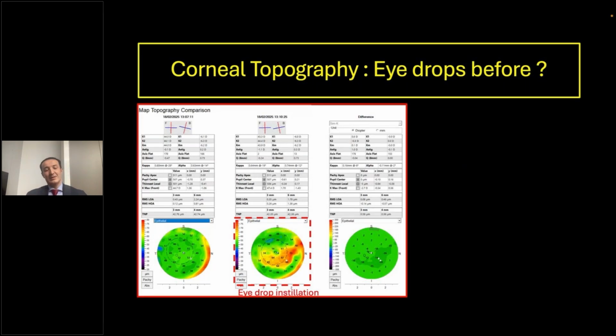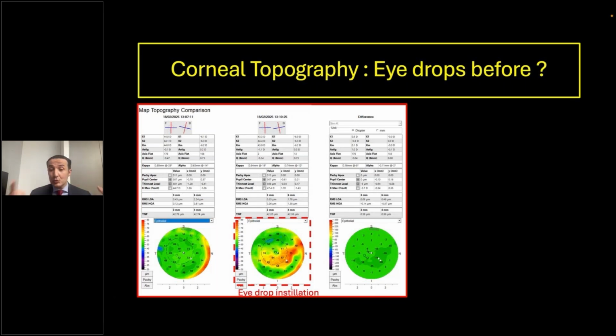And look, this is a patient. This is before and after the eye drop installation. We performed the two corneal topography exams approximately three minutes between each exam. And here is before the eye drop, and here is just after the eye drop, and you induce a pseudo hyperplasia of the epithelium.